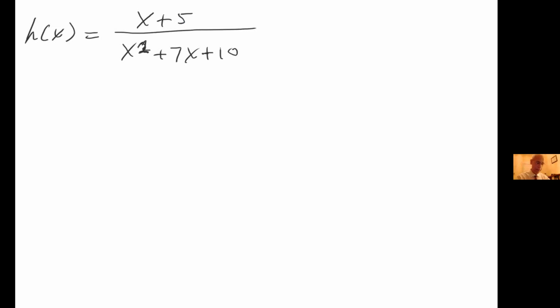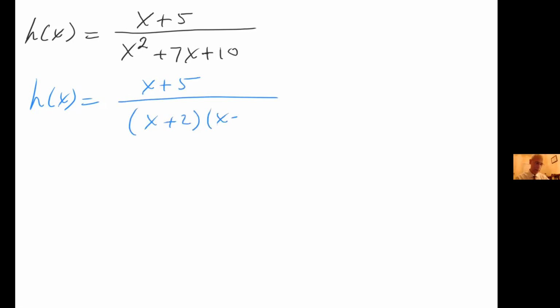In fact, h of x equals x plus 5 over x plus 2 times x plus 5. I factor that, and now that equals 1 over x plus 2 after canceling x plus 5 from the numerator and the denominator. So what can I say about the graph of this rational function?